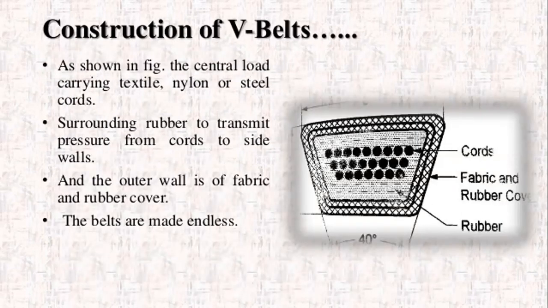Next, we are going to see the construction of V-belts. As shown in the figure, the central load-carrying part consists of textile, nylon, or steel cords. These cords are the rope-type elements. This is the trapezium shape, and this is the included angle, which is 30 to 40 degrees.